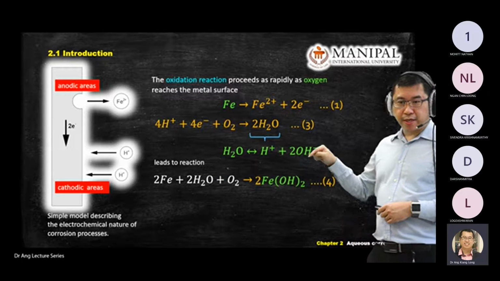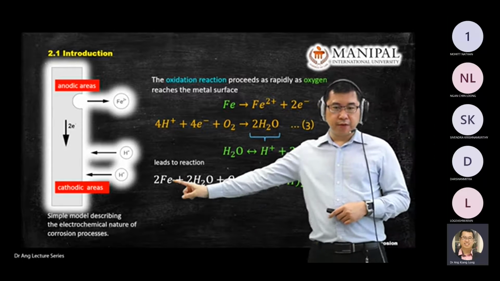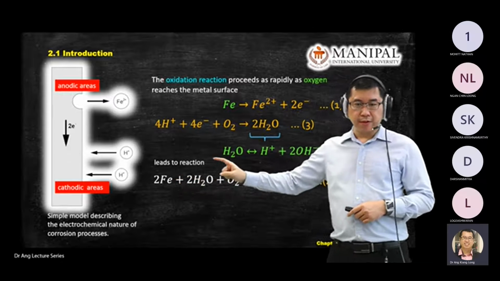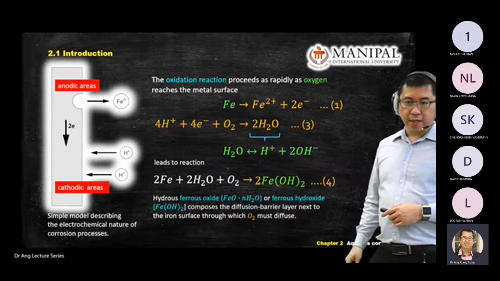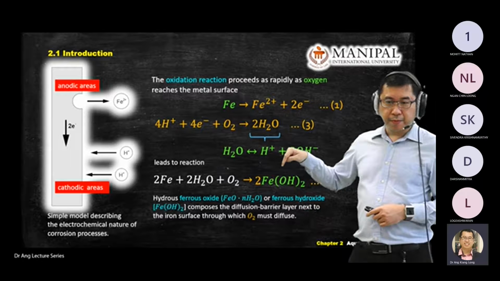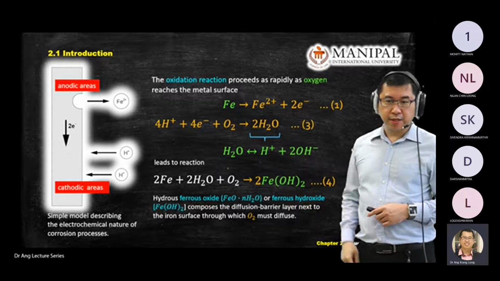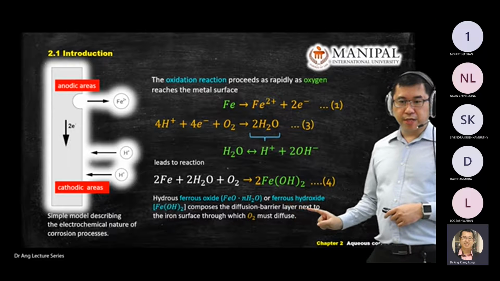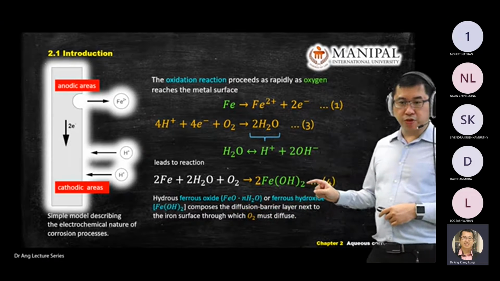You will get a new product if you combine metal, water, oxygen: you will get something called ferrous hydroxide. Okay, ferrous hydroxide. And here you get 2, right? Later you will see 3.